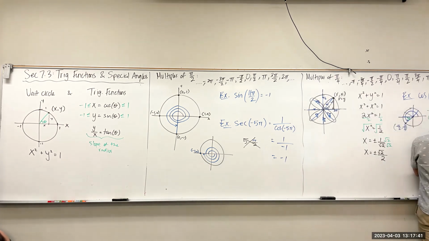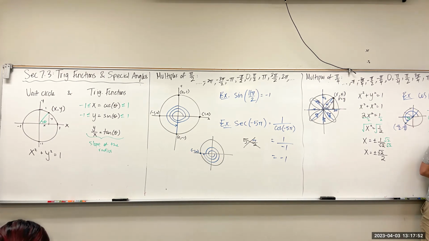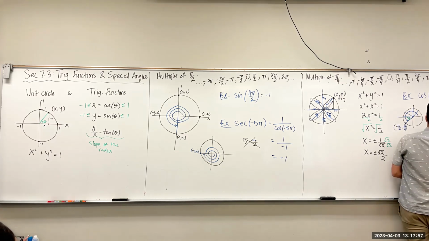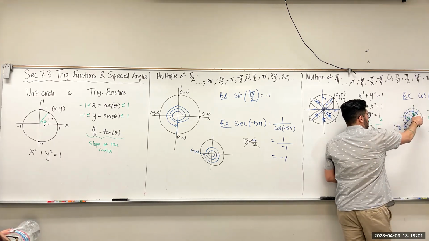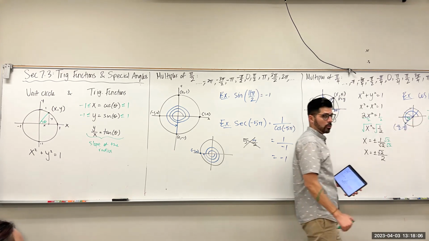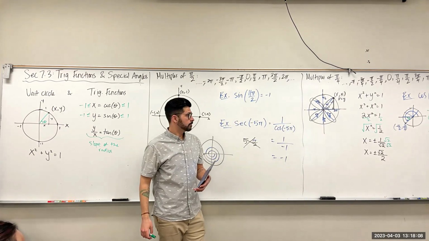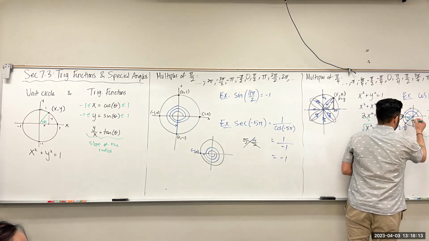Is the acute angle formed by the x-axis and the terminal side of theta, which is basically where the radius ends up. So the radius and the x-axis, that's what's called the reference angle. Okay. Let's talk about this little guy right there.